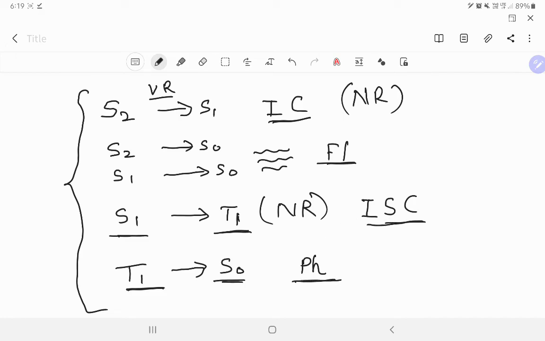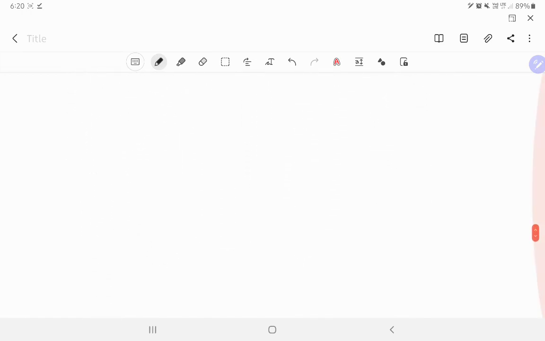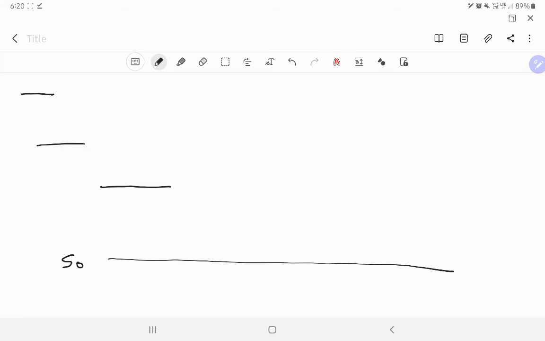In a simple diagram also you can explain like this: ground singlet state S0, higher singlet states S1, S2, S3 and so on with higher energy, and triplet states T1, T2, T3. The transition between S2 and S1 is not radiative.